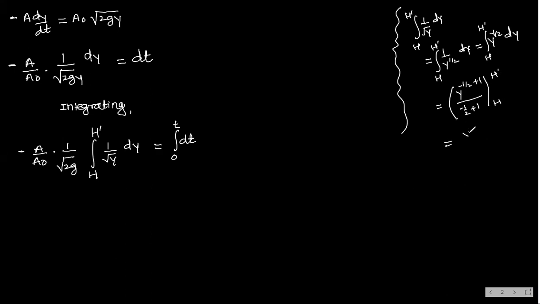Now see here, y power 1 minus 1 by 2, what you will get? y power 1 by 2 divided by 1 by 2, from h to h dash. So this is equal to 2 root y. This 1 by 2 will go up. 2 y power 1 by 2 means 2 root y.